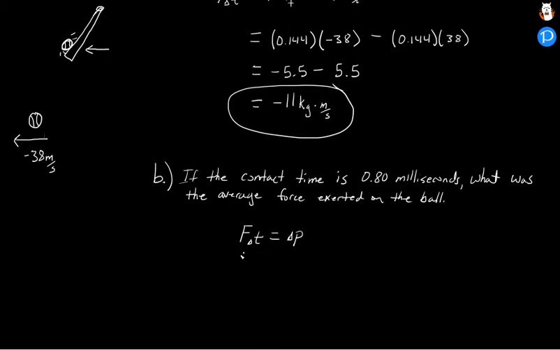So using the impulse momentum theorem, force times the change in time is equal to the change in momentum. The one little caveat here is we're going to have to change this to seconds. It's in milliseconds. So our prefix milli, and we're going to go to our base unit of seconds. So it's going to be 3 decimal places. So 0.8, we're going to move this 3 places to the left: 1, 2, 3.